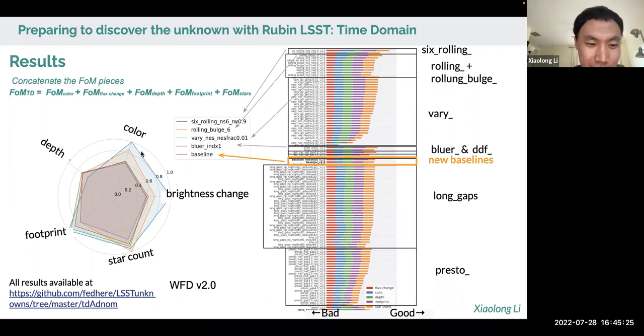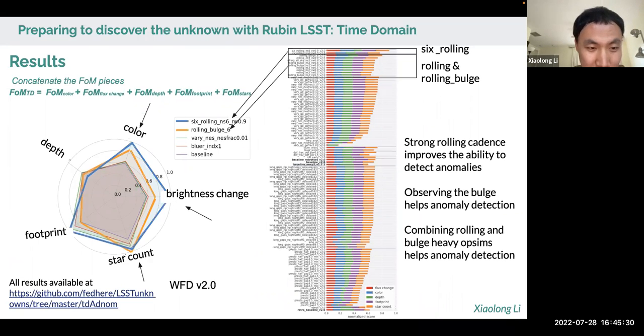The rolling one, from the radar plot, performs best at color brightness, star count, and also footprint, but at the cost of some depth. So if we could improve the depth of the rolling one, this would be our best option to recommend.